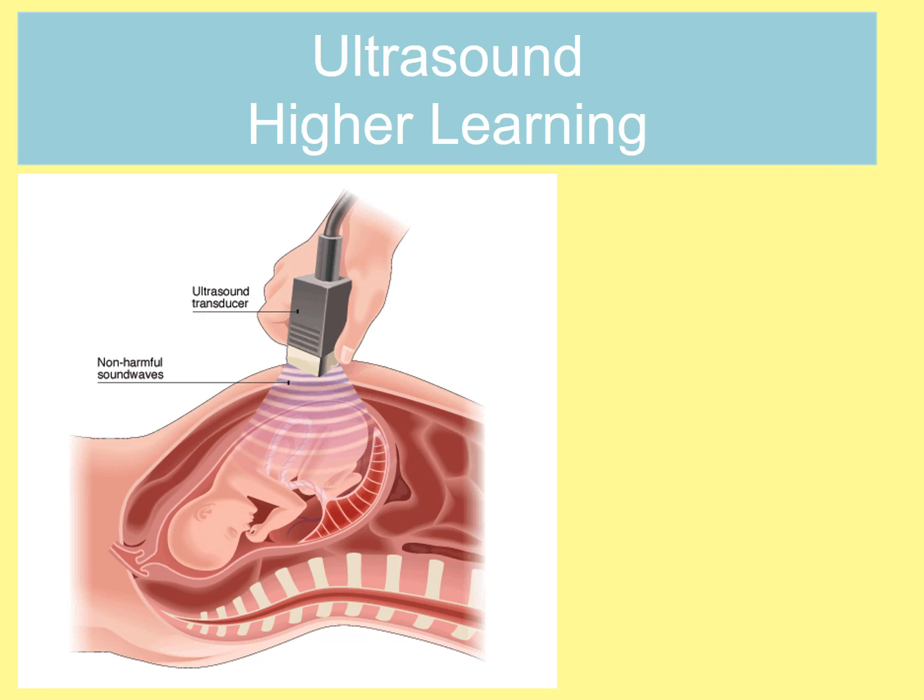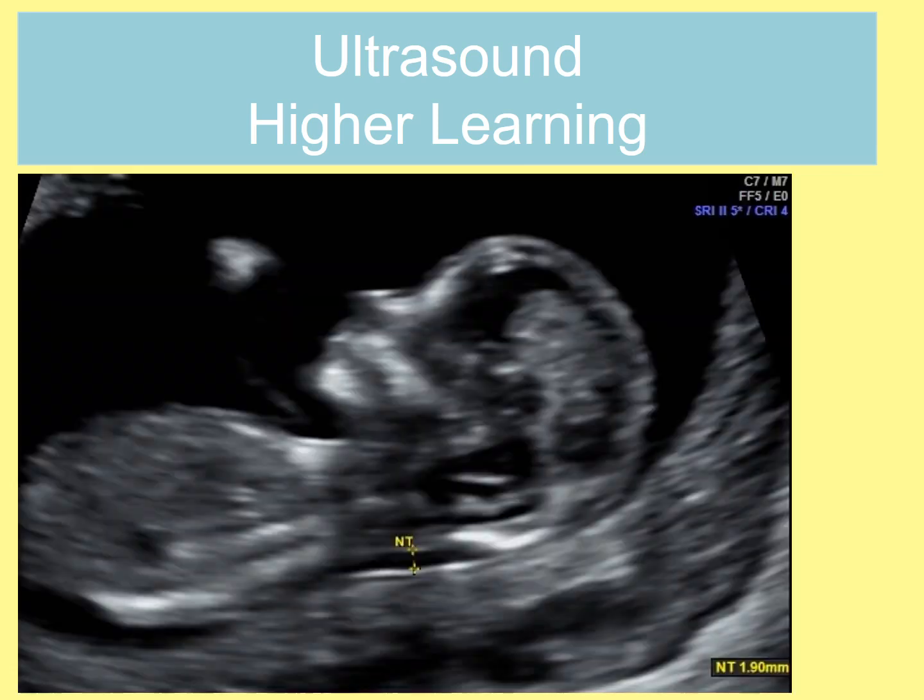A dating scan is carried out at 8 to 14 weeks. The ultrasound imaging is used to produce a scan that would help to determine the stage of the pregnancy. It's also used to calculate the date of when the baby is due to be born.